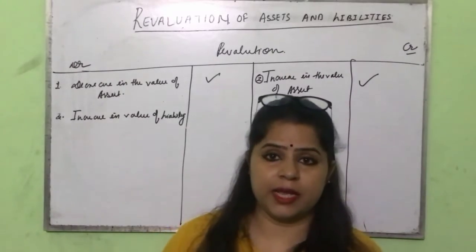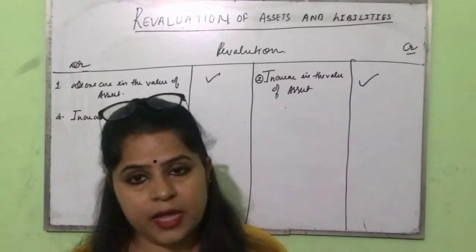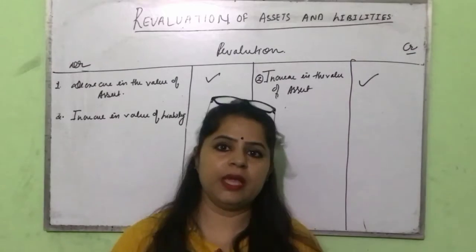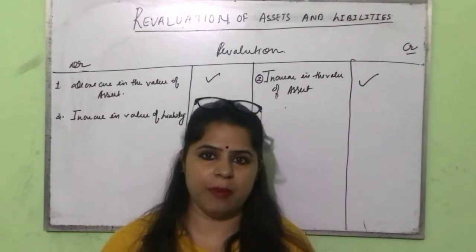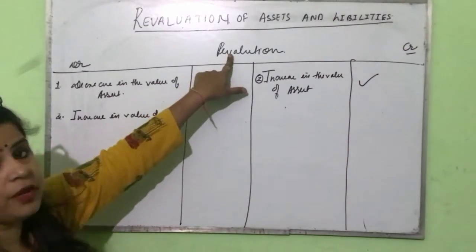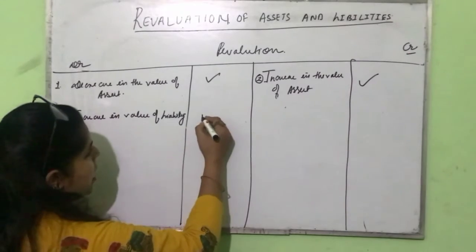My outstanding expenses increased by rupees 100. So we will say there is an increase in the value of liability. और जब भी liability increase करती है comparatively, तो it will always be recorded in the debit side of the revaluation account. Increase in the value of liability.